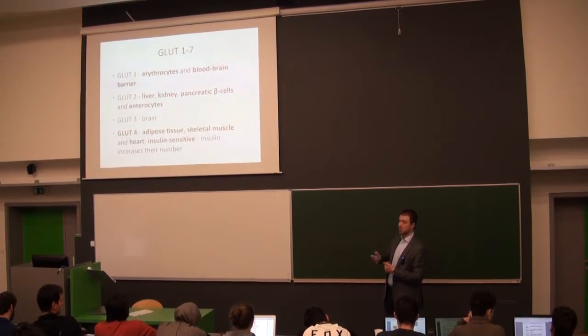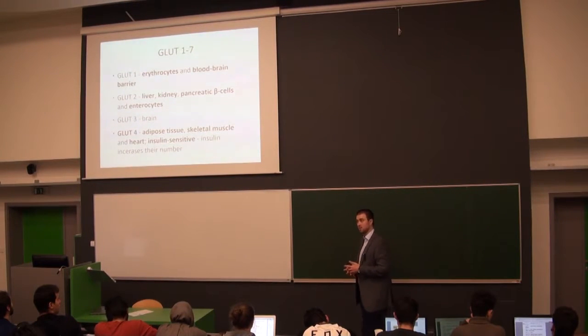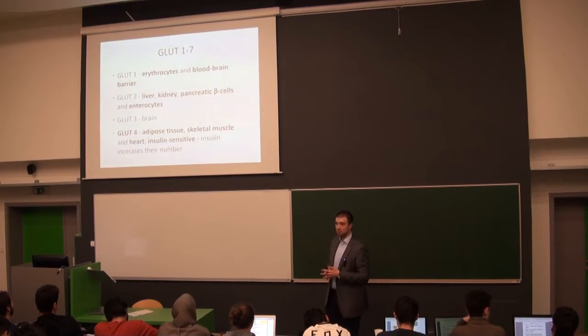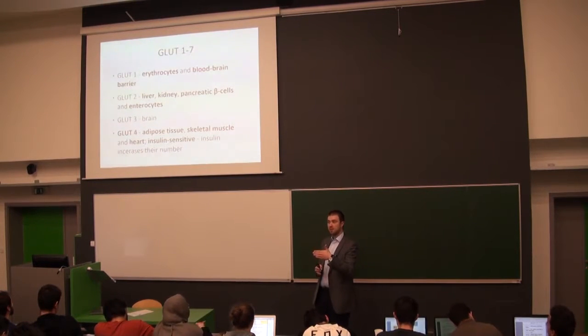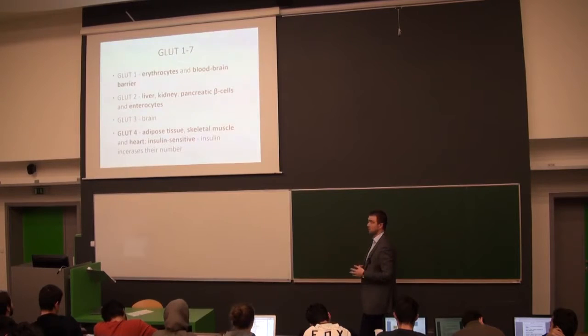And these GLUT2 transporters are located at the basolateral membrane of the cells. The SGLT1 and 2 are at the apical membrane, that's to the lumen of the GI tract or the tubules in kidneys, and then at the basolateral membrane you have GLUT2.